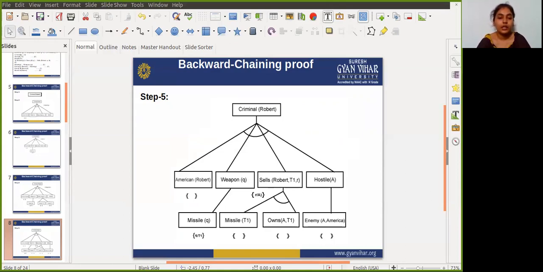So you can see here, it was proved that a robot who belongs to an American city, and who sells missiles to its hostile nation, is a criminal. Okay, so it was proved.